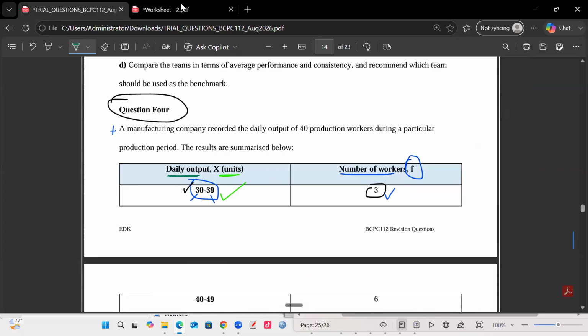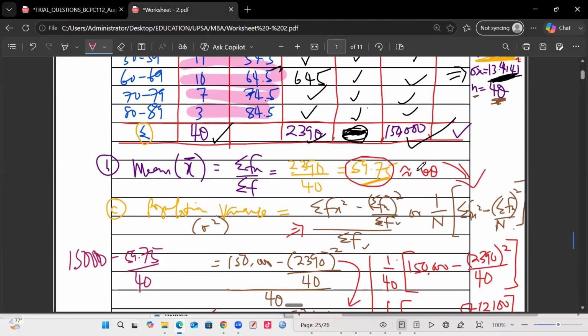And it is daily. So what it means is that, on the average, a worker produces. Why are we saying a worker? When I divide 2390 by 40, remember that 40 is the total number of workers. It means it is 59.75 over 1. Why over 1?